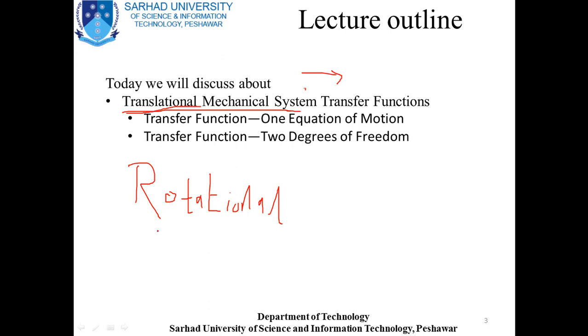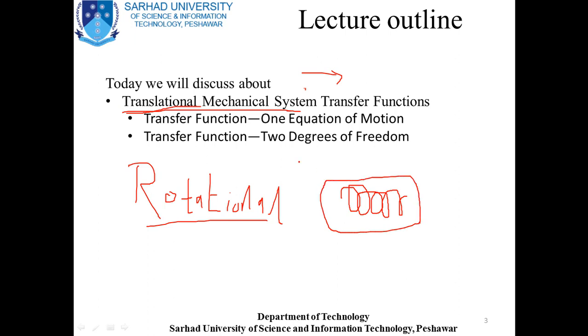But rotational is that mechanical system which is moving in a circular path, or you can say in a curved path. So this is the rotational system. We will be discussing this kind of system in the coming classes, but in today's class we will be looking at the translational mechanical system.